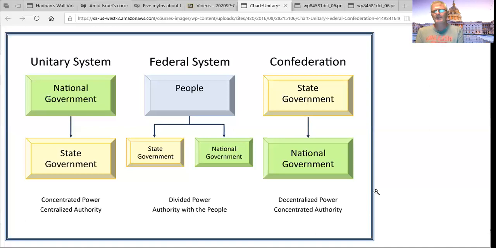Number three, a lot of people say there's a lot of red tape. Now, I know this sounds like I'm contradicting myself from what I just said a few minutes ago, but starting with the FDR and the New Deal, we moved away from dual federalism to something we call cooperative federalism. And cooperative federalism is also called marble cake federalism because there's a commingling of state and federal governments.